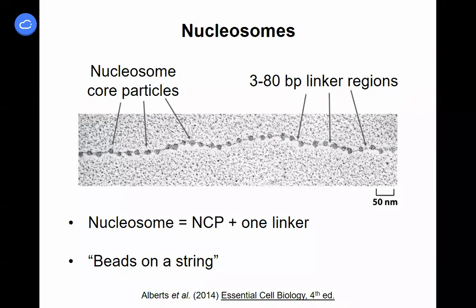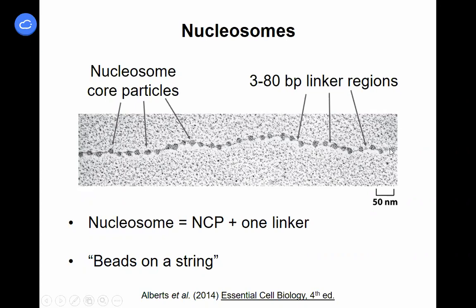So the whole DNA is decorated, so to speak, by these histone octamers, with the DNA wrapped around. And the linker regions are not always the same length, so I've given you an approximate range here from about 3 to 80. That's typical. You can't go much below 3, but you could have longer than 80 in principle.